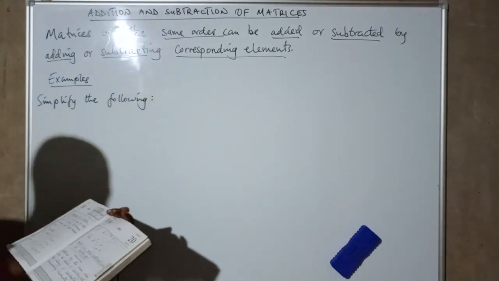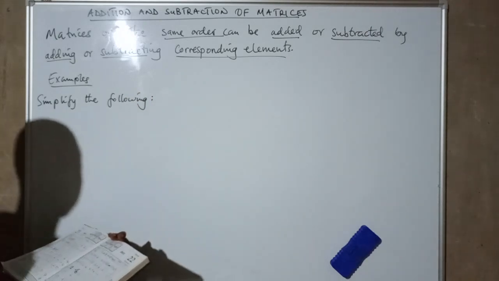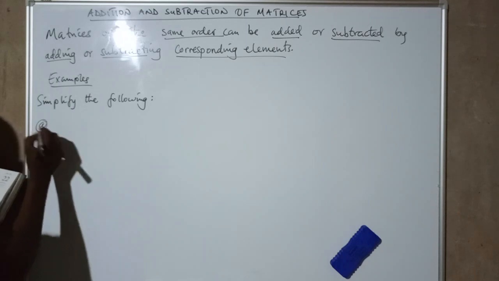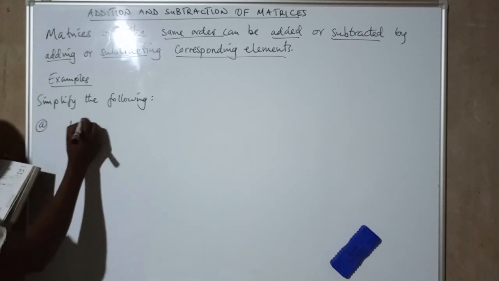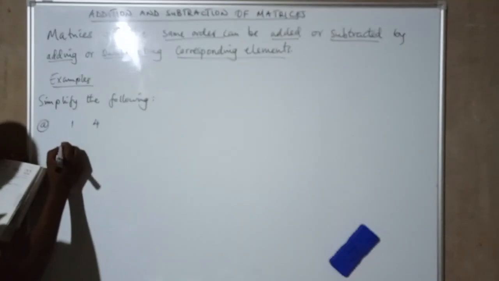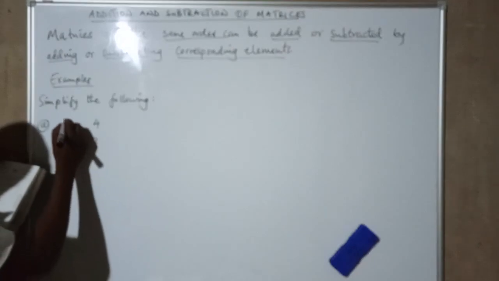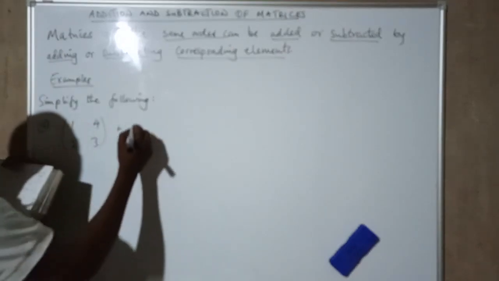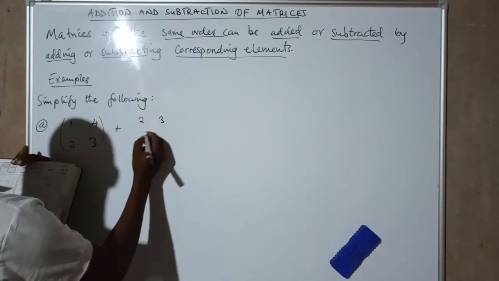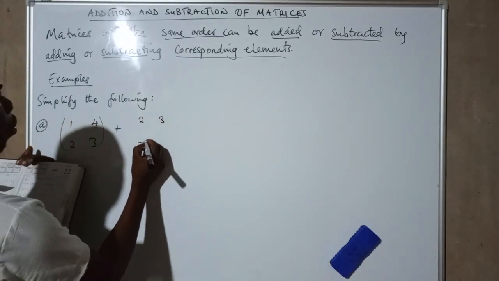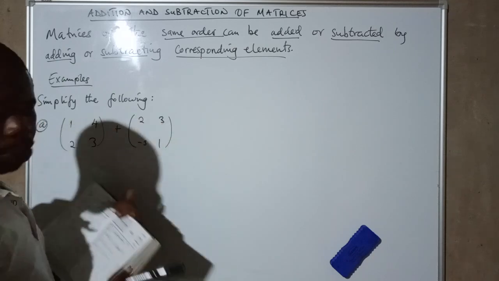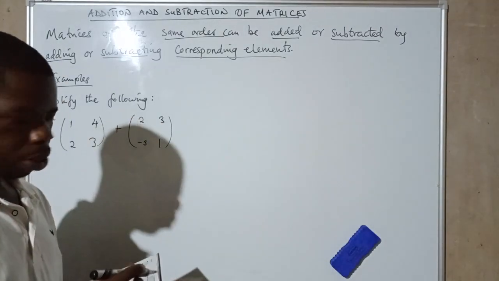So we can have A, can have 2, 3, then I can have negative 3, and then 1, okay, that is 1.